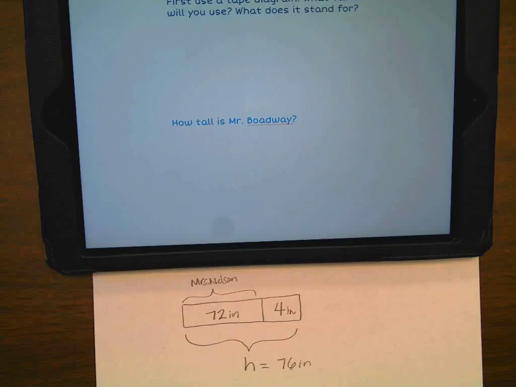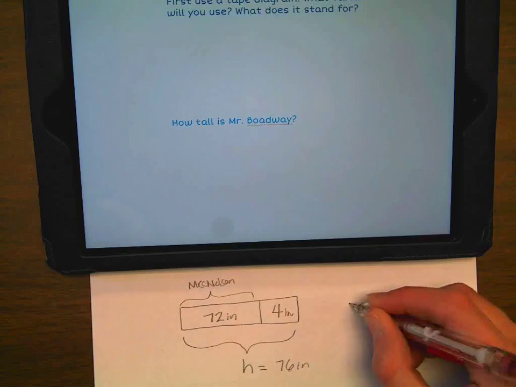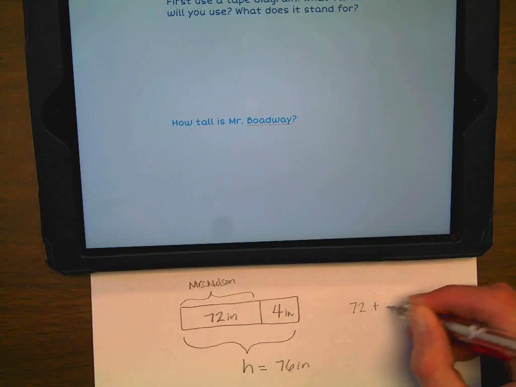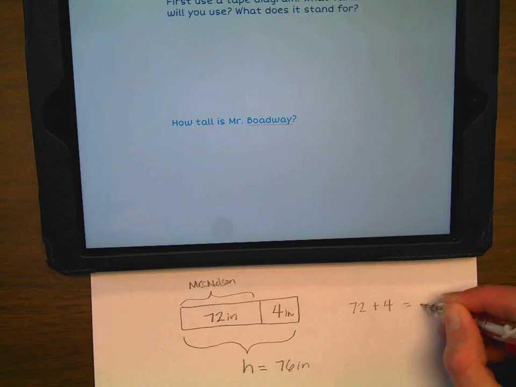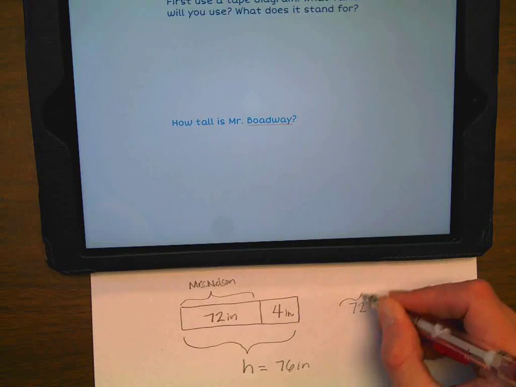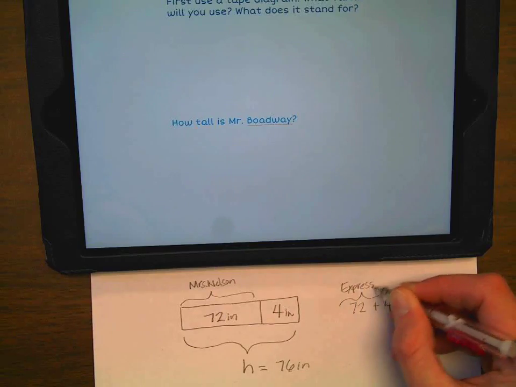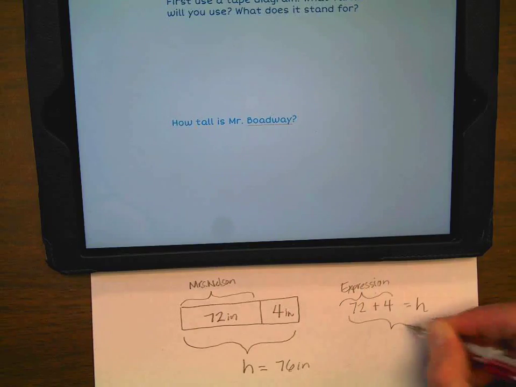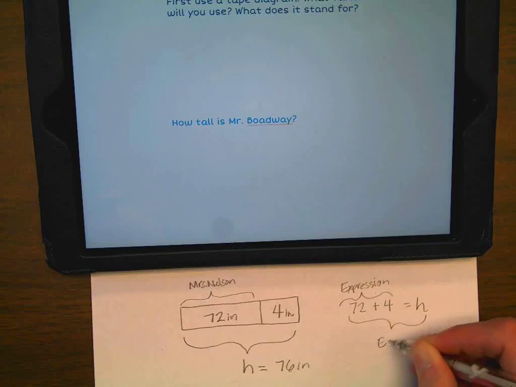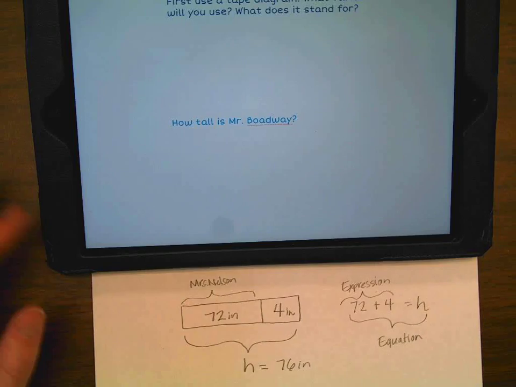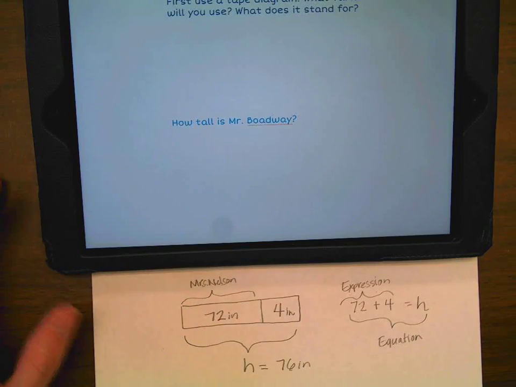And remember, evaluate means to solve. So if we wrote this as an expression, we could write 72 plus 4 equals H. This part being the expression, okay, and this whole piece right here being the equation so that you can evaluate it and solve. Okay? And so that's something that you definitely have to keep in mind with what you're trying to do.